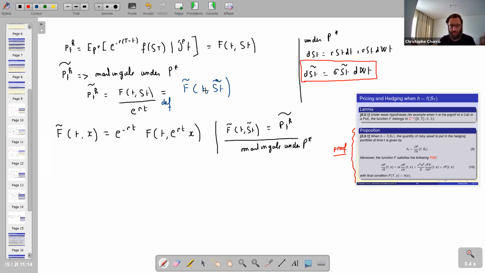So what I have here is this F tilde T, S_T tilde, a mapping depending on T and on S_T tilde. What can I do with this regular mapping? I know the Ito decomposition of S_T tilde, and a good idea will be to apply the Ito formula to this mapping.